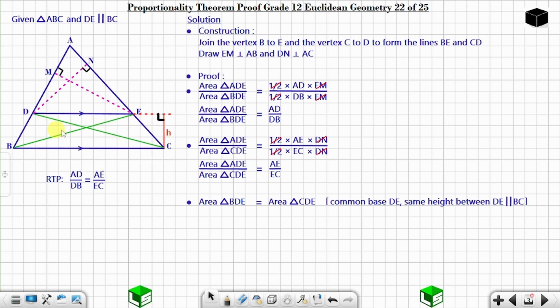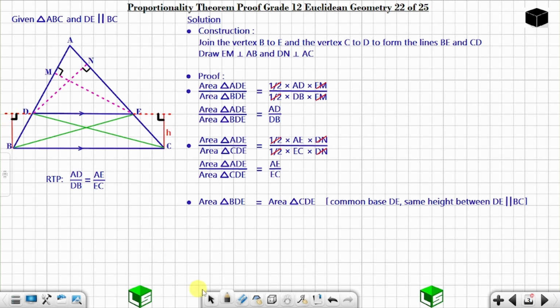Okay, you can also get the height for this triangle, the triangle BDE. Okay, if you extend the line DE like this, you can have this line perpendicular to this line.